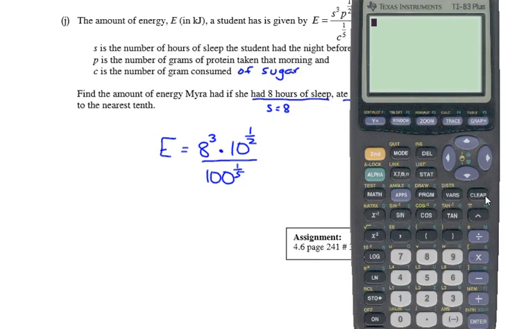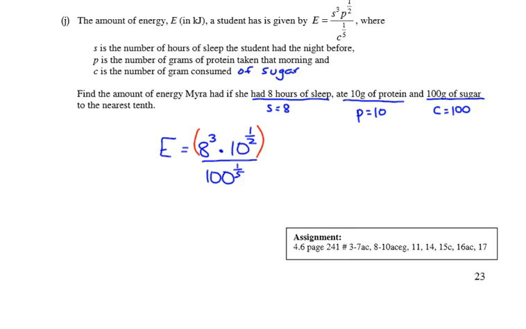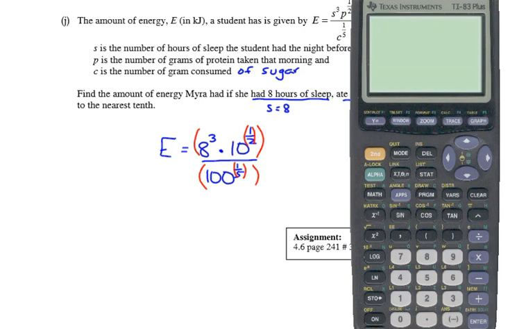What do you have to remember when you're typing this in? Brackets. And also you have to remember brackets when you have a fractional exponent, unless you have a fancy calculator. So brackets around our numerator, brackets around our denominator, and brackets around the fractional exponents.